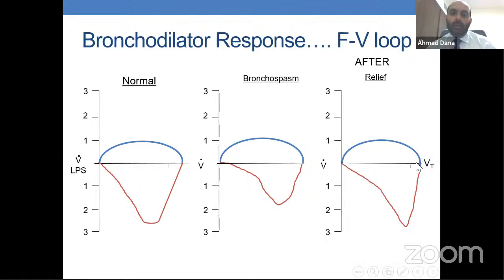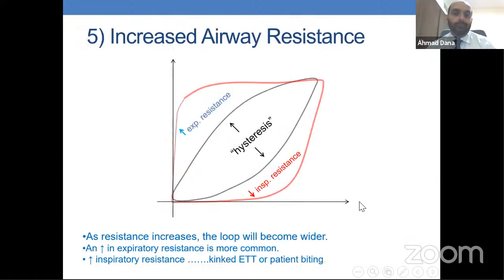Improving in the expiratory peak and expiratory flow. So if there is increased resistance in both inspiratory and expiratory, we call it hysteresis.